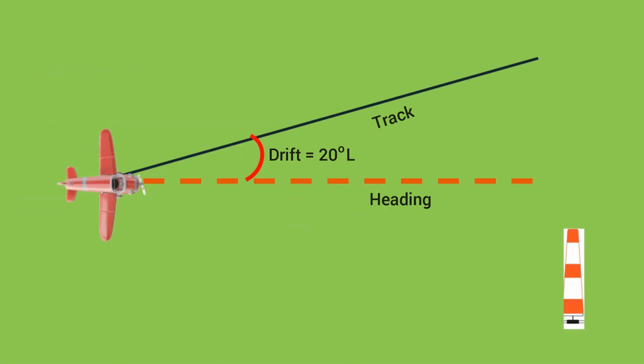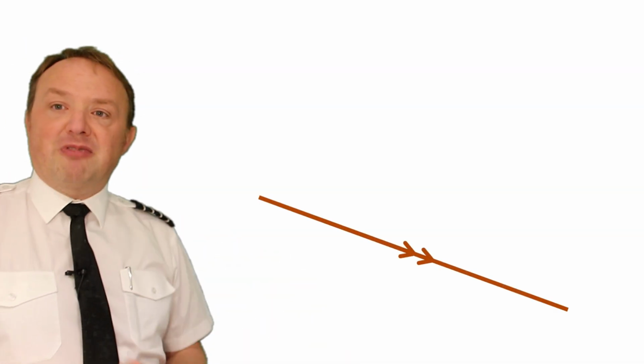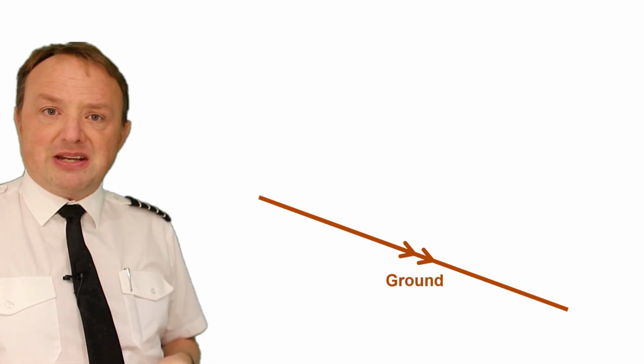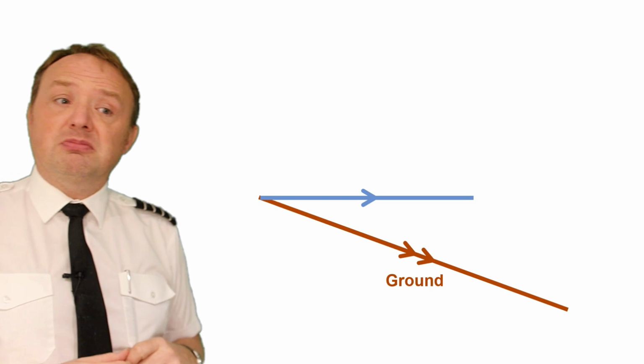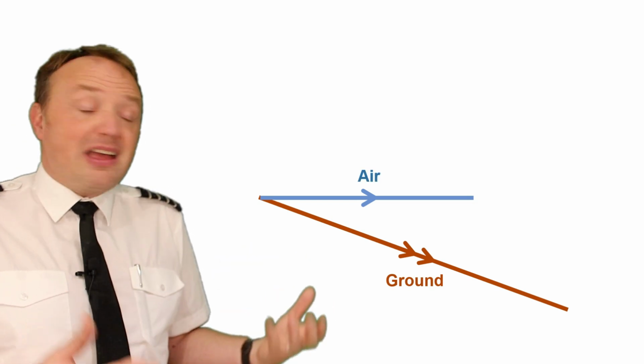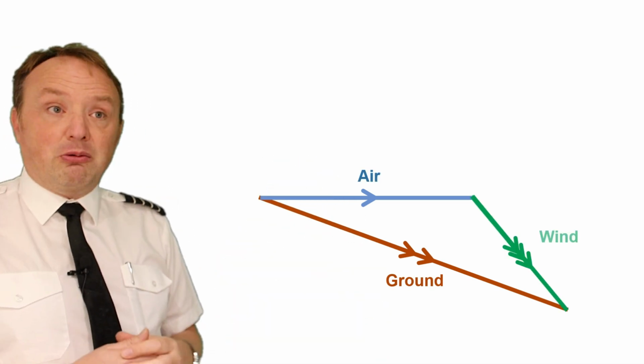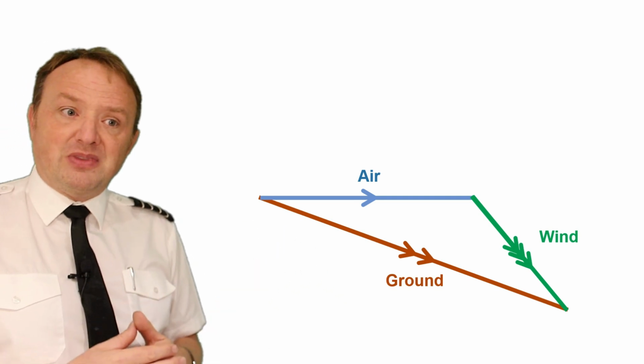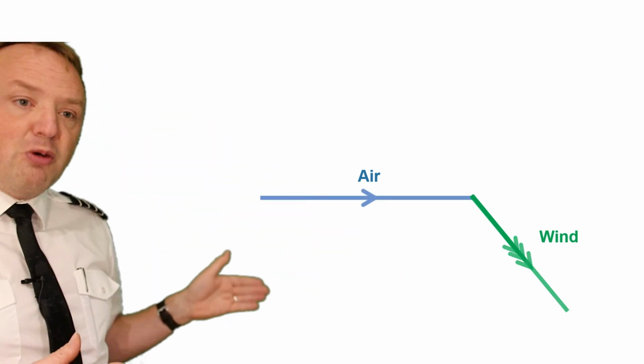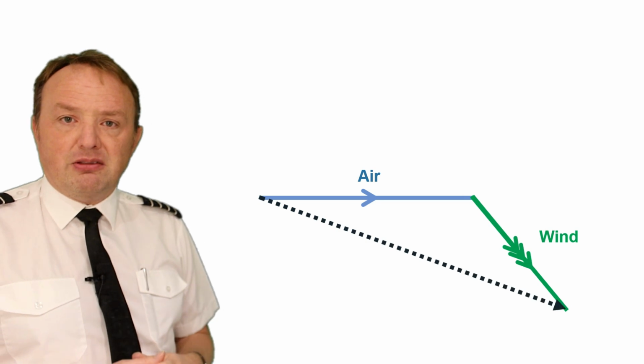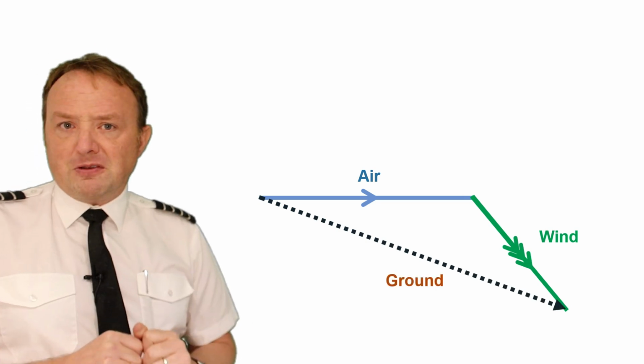So, how the aircraft travels over the ground is a ground vector, its track and its ground speed. And that's a resultant of two other vectors, the air vector, how the aircraft travels through the air, and the wind vector, how the wind itself travels. And if we know any two of these vectors, we can calculate the third one. In fact, we can go further than that.